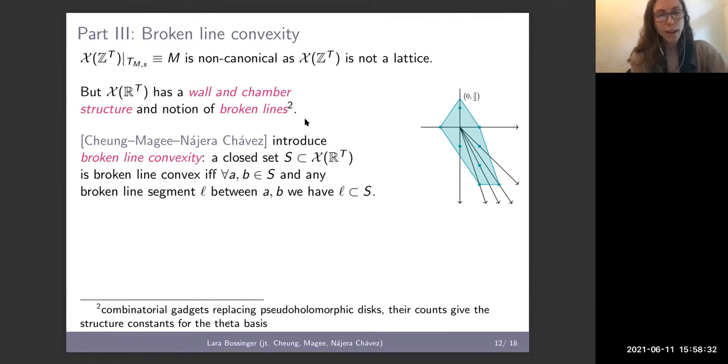So if I have a closed set in one of my tropicalized X varieties, then it is said to be broken line convex if for any two points in the set and any broken line segment that connects them, the whole line segment is contained in the set. So as an example, I have drawn here the scattering diagram or the fan for G2.